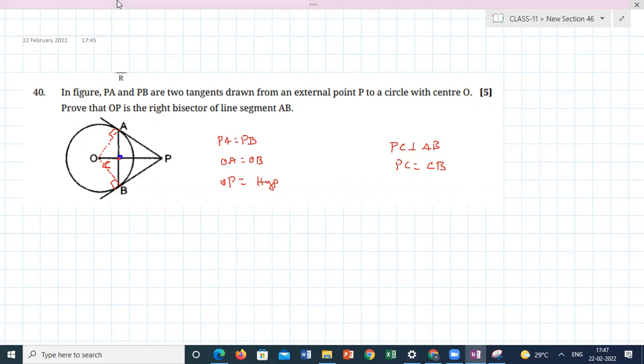Is my question clear for everyone? Is it clear, students? Yes, sir. Understood, sir. Please try and let me know whether you are getting it or not. I will discuss my solution. I'm giving a few minutes to solve.